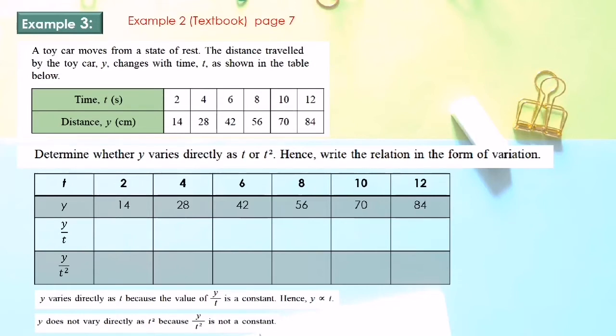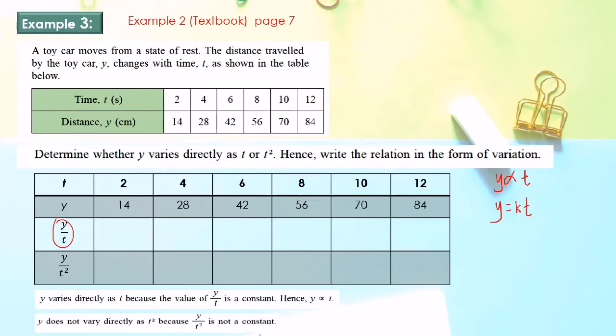Okay, now you look at the table. Okay, what is this? Y over t. Actually, this is constants. How to get the constants? Okay, write the variation. Y varies directly as t. And we can write in equation y equals to kt.